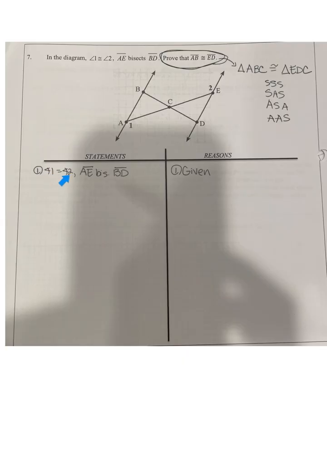I'm going to start with angle 1 equals angle 2. So I'm going to go over here to my picture and I'm going to say, all right, angle 1 equals angle 2. And then I'm going to say to myself, well, that stinks because neither of these angles are inside these two triangles that I actually want to try to prove are equal. However, hopefully you'll remember that this angle here and this little corner right here, and let me just go like that, and I'm going to go like that, okay?